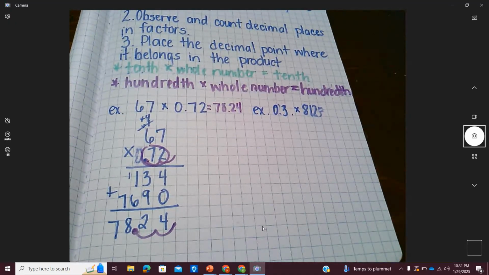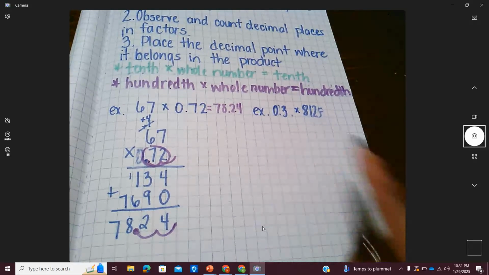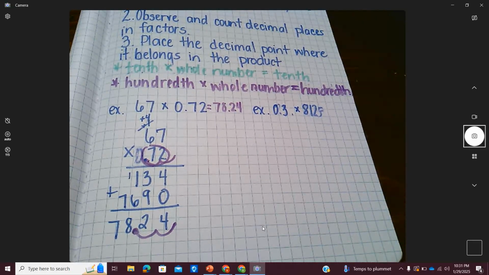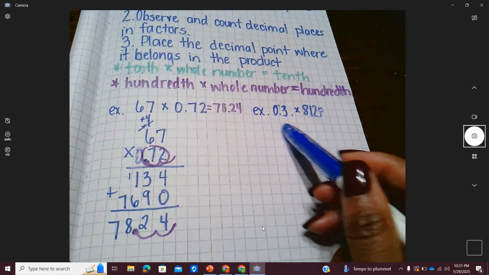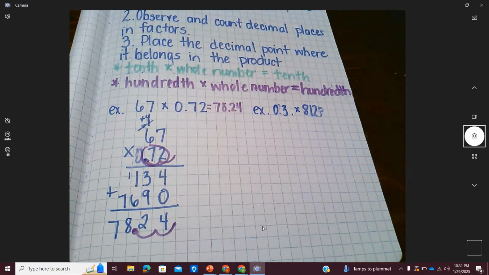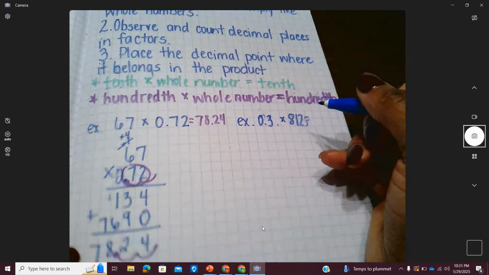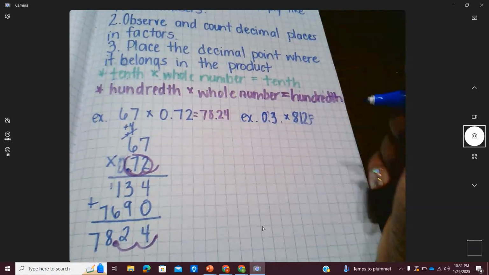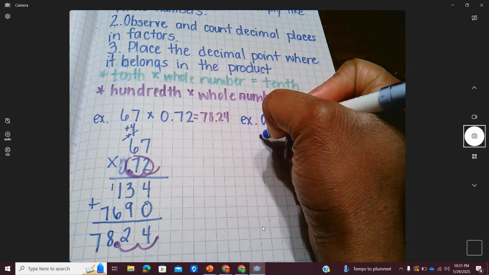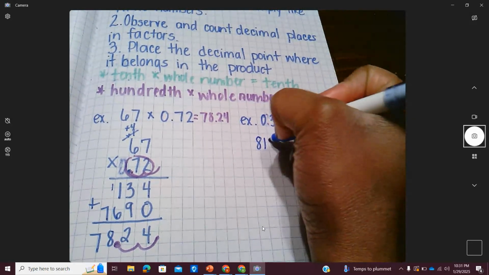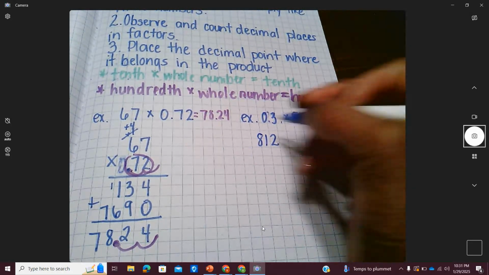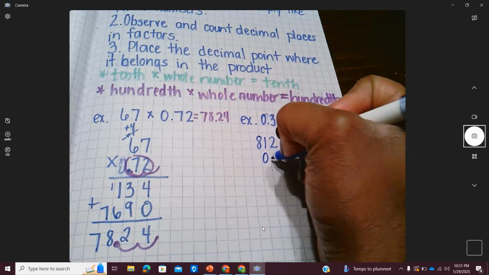All right, let's do one more example. 3 tenths times 812. I recognize this has 1 digit and this has 3 digits. So using what I know about multiplying, I'm going to put the number with 3 digits on top and the number with fewer digits on the bottom.